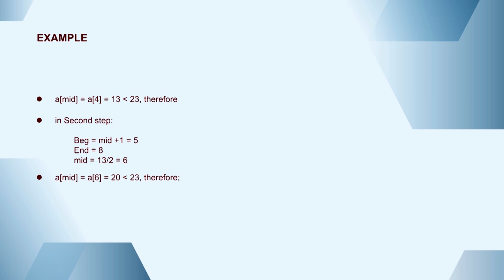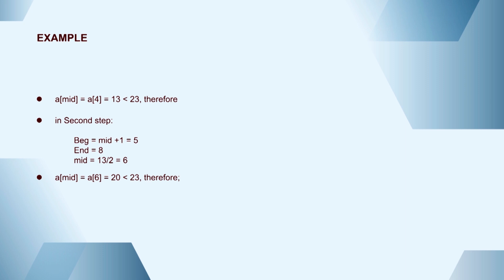Again, compare that mid value with your item. If the data matches, the search is successful; otherwise you change your pointers. Suppose I want to check 23, with beginning at that pointer and mid at that position.